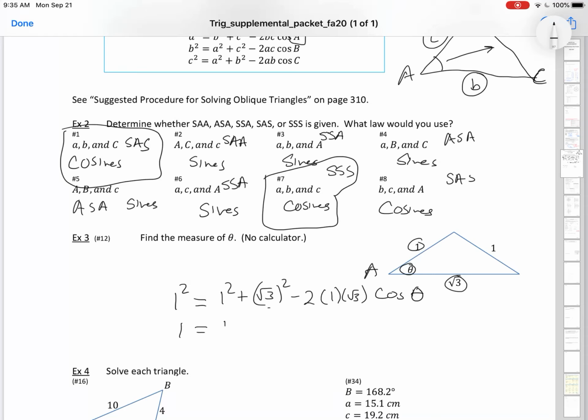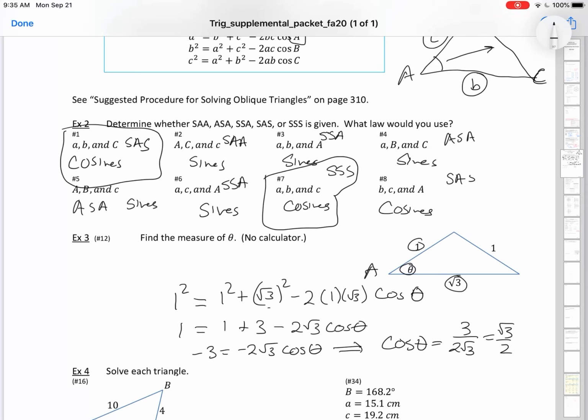We have 1 is equal to 1 plus 3 minus 2 root 3 cosine theta, or negative 3 is equal to negative 2 root 3 cosine theta. What does that mean? It means cosine theta is equal to 3 over 2 root 3, positive, right? Because a negative divided by a negative, which is, if we rationalize, root 3 over 2.